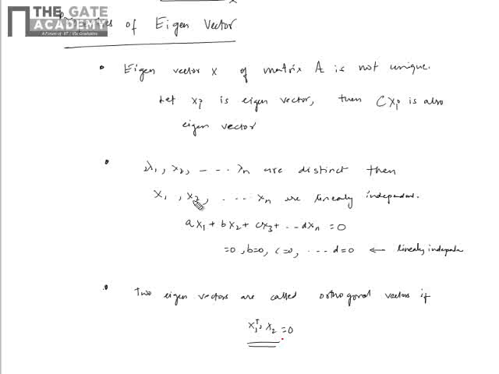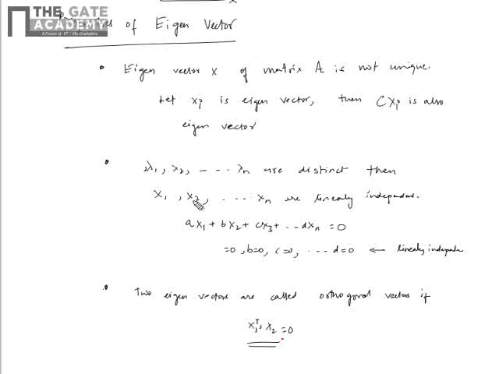It should satisfy the equation AX is equal to lambda X. So the basic definitions are important. Important properties you just need to remember, but the derivations you can always go through.